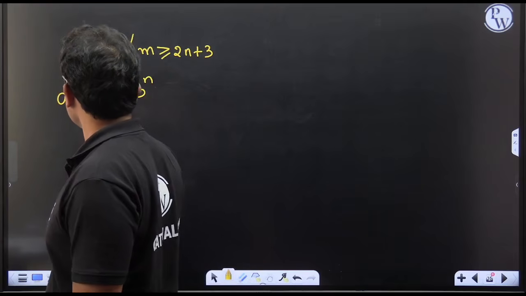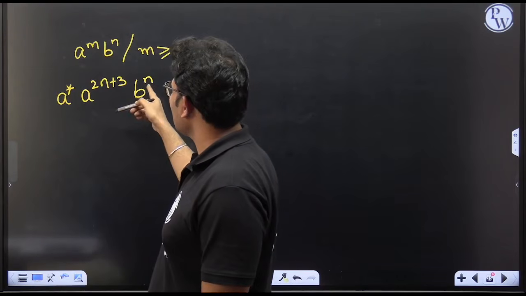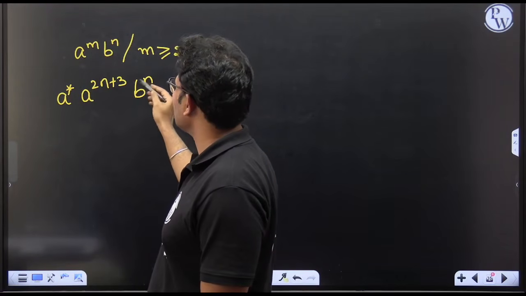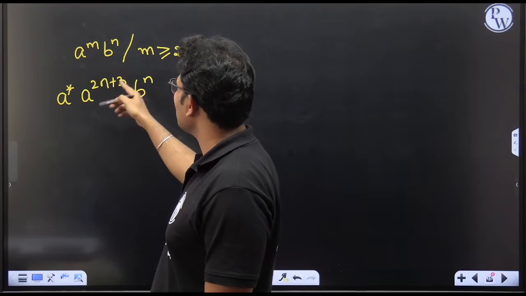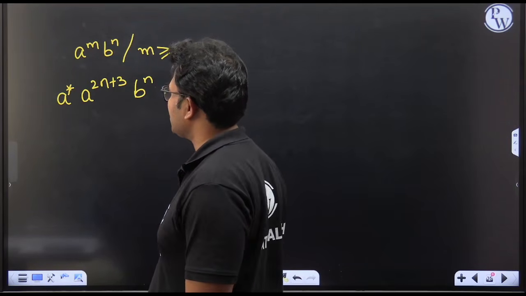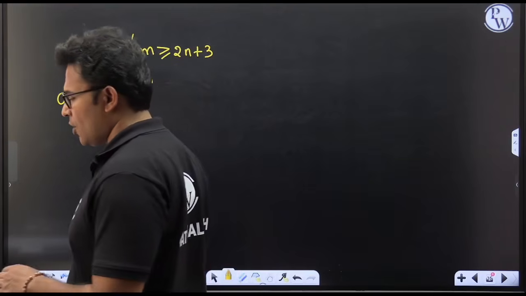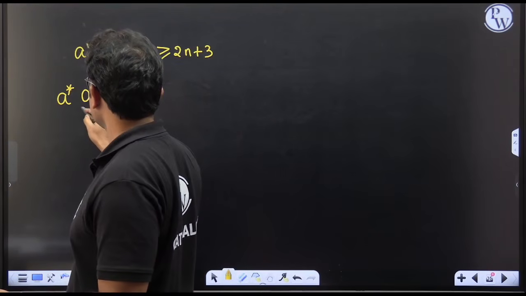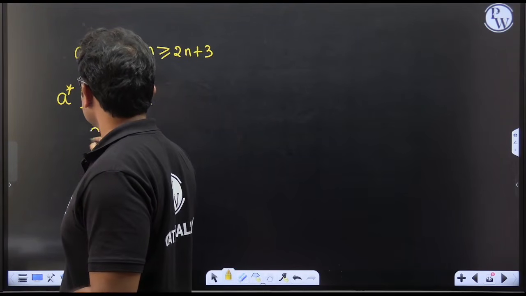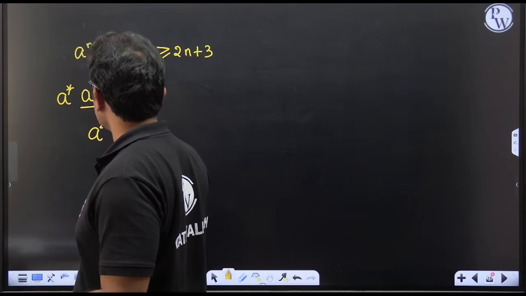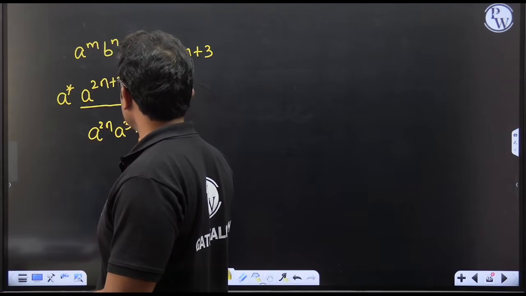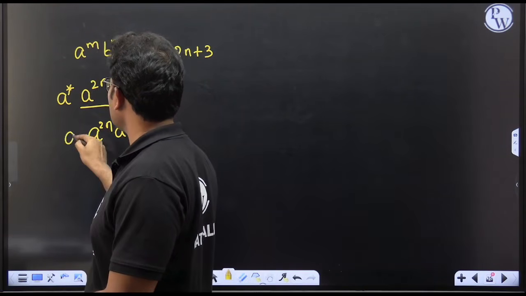Now what will happen? m will be greater than or equal to 2n plus 3, right? Now you can generate this first. What is this? a power 2n, a power 3, b power n, and then a star.